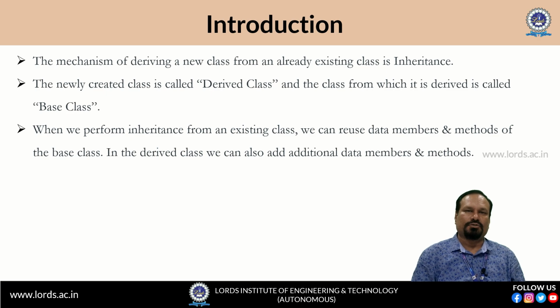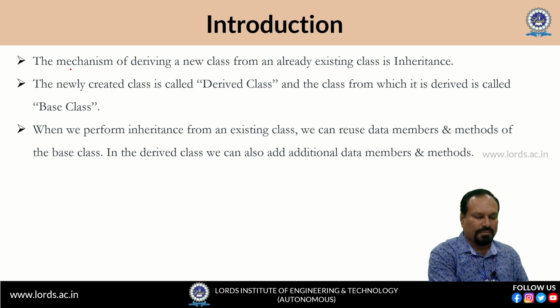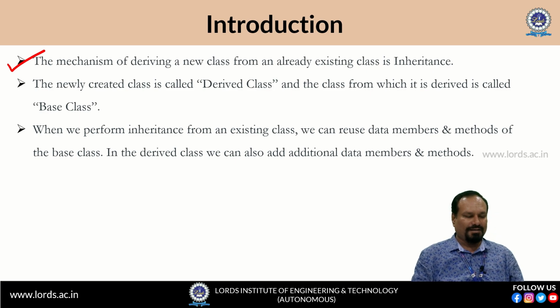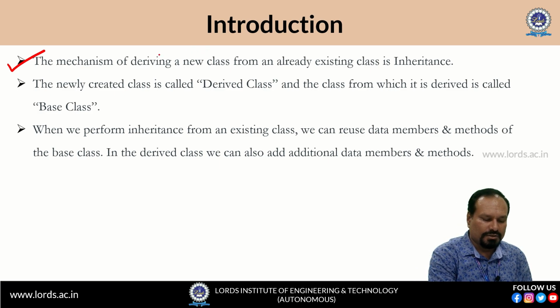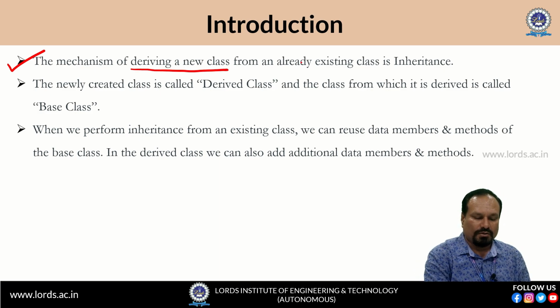What is inheritance? You should know first. Always keep in mind that the mechanism of deriving a new class from an already existing class is called inheritance. You notice there is one term I have used, deriving a new class. From where? From an already existing class.